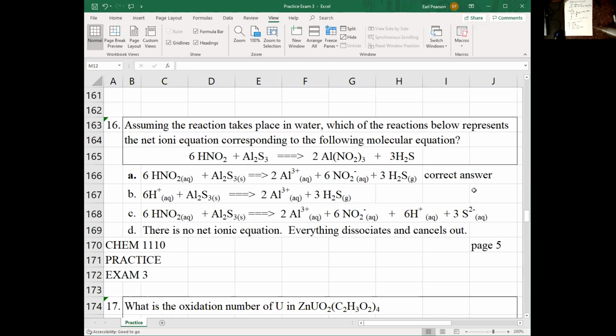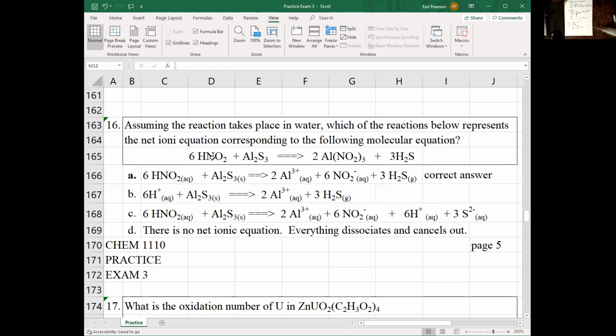Now, to get the ionic equation, this is the molecular equation, so we're going to write this the way it would appear if you put it all in aqueous solution. Now, HNO2, would we separate HNO2 or keep it together like in this one?